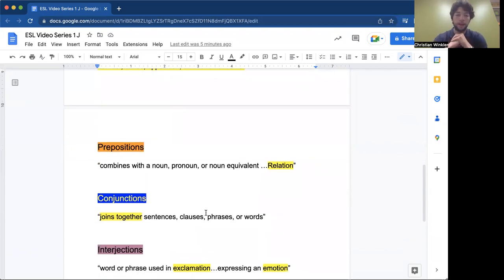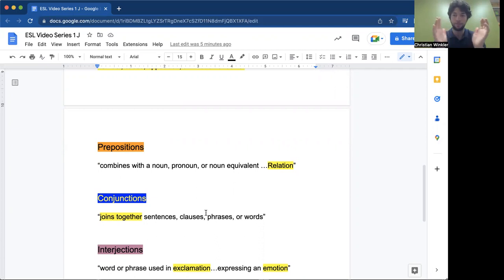Prepositions: combines with a noun, pronoun, or noun equivalent and expresses relation. So relation is the key word for prepositions. They express a relation with something. Conjunctions: joins together sentences, clauses, phrases, or words. Again, joins together, right?